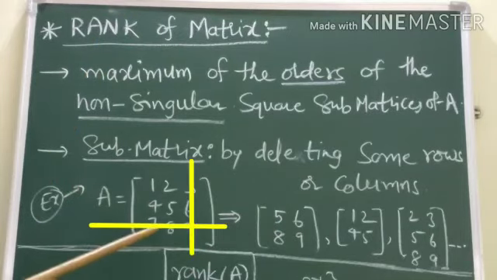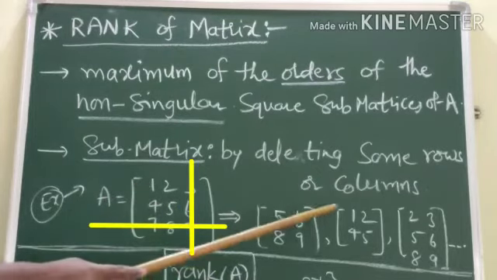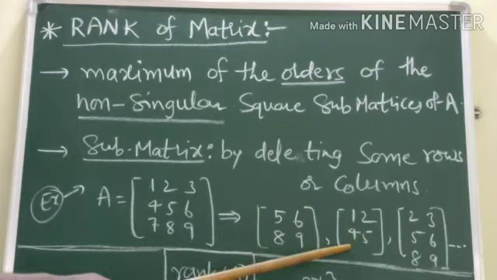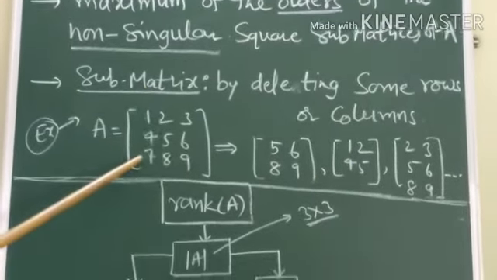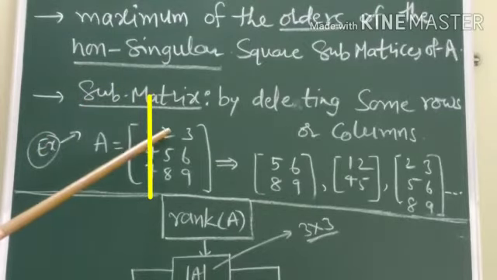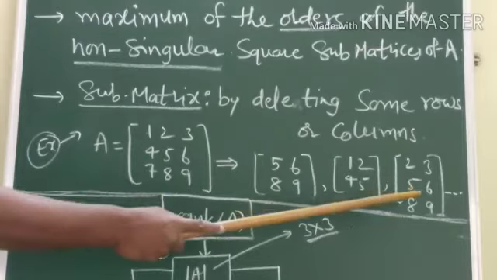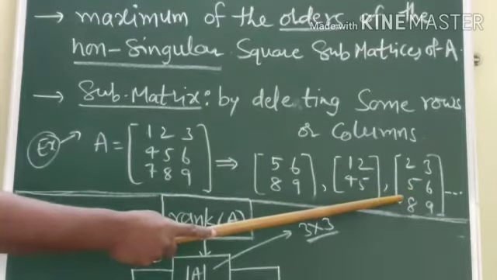Suppose if you delete third row, third column, what we get? 1, 2, 4, 5. That is again one of the submatrices. Suppose if you delete first row only, then we get 2, 3, 5, 6, 8, 9. It is another example for a submatrix.